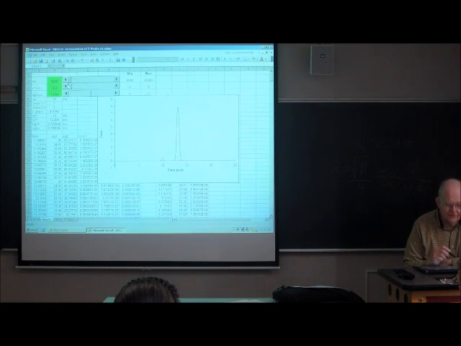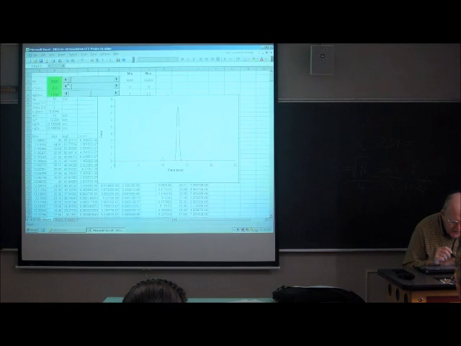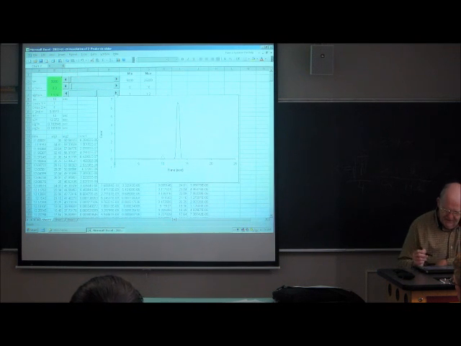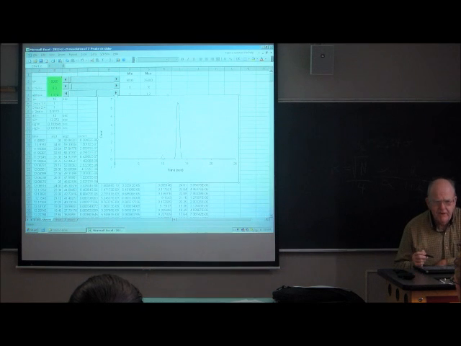Now, let's change the selectivity. Right now the selectivity is 1.098. Let's call it 1.1. And let's increase it, 1.108. 1.12, beginning to look like there might be something else in there.